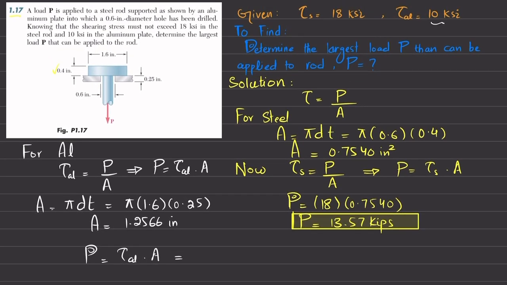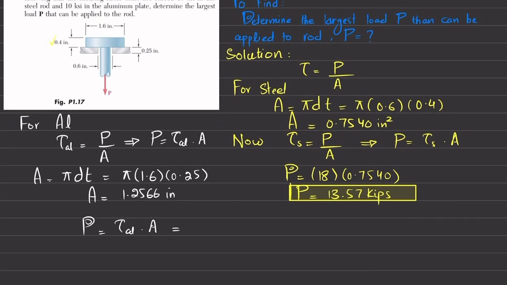You can check it. So 10 multiplied by this area 1.2566 will give you 12.566 kips, which is nearly equal to 12.57 kips.